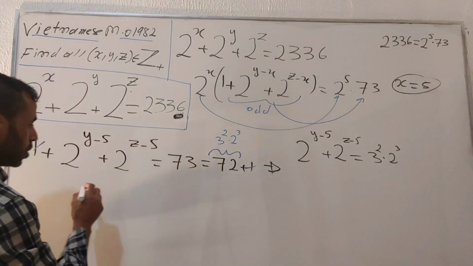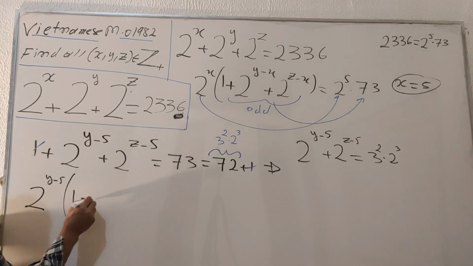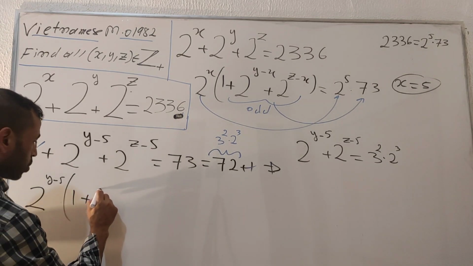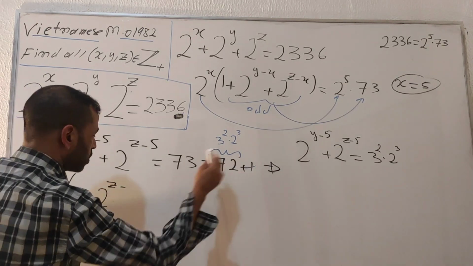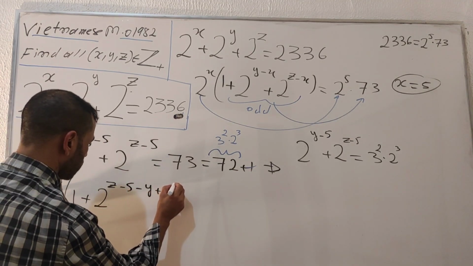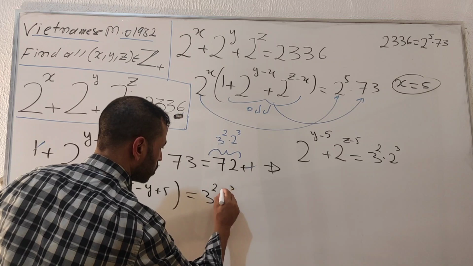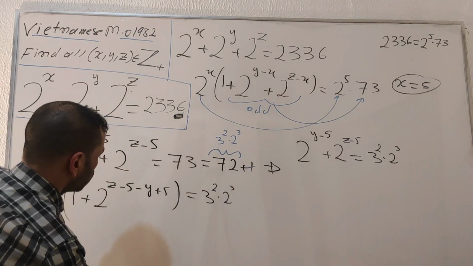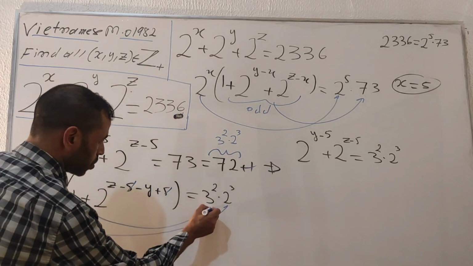So I get 2 to the y minus 5 factor, multiplied by 1 plus 2 to the z minus y, which equals 3 squared multiplied by 2 to the 3. Let's cancel out this number 5, because one is positive and the other is negative. So let's take this one equal to this one because it's even, and this one equal to this one.